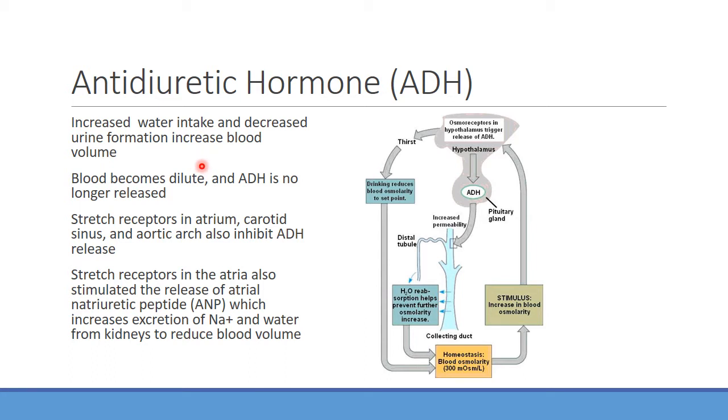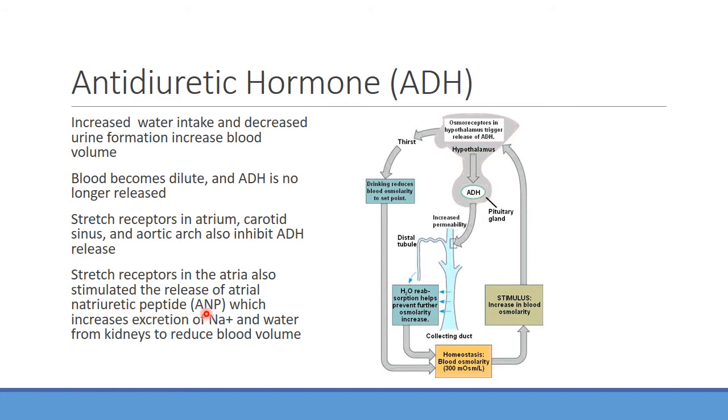Okay. So again, when we talk about our stretch receptors in the atrium, we also have what we call the carotid sinus. You guys know where the carotid sinus is? Right along here, right? There are some receptors there that are detecting stretch as well, and that can help to determine blood pressure. And so when the stretch receptors in the atria get stimulated, they release atrial natriuretic peptide. And this is, again, natriuretic.